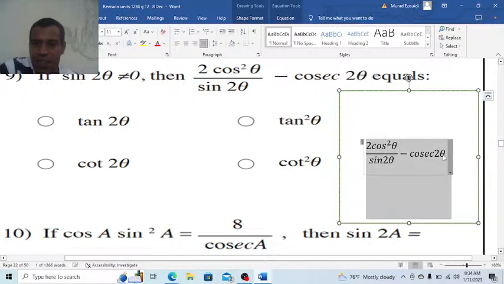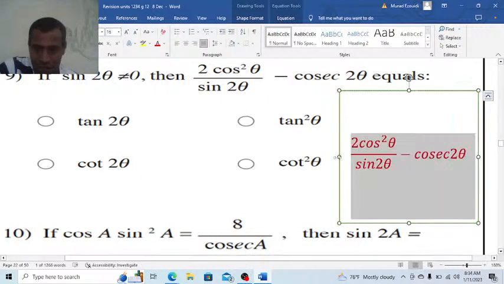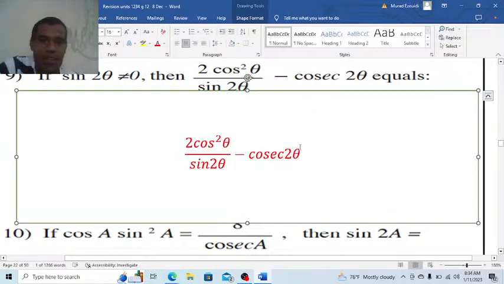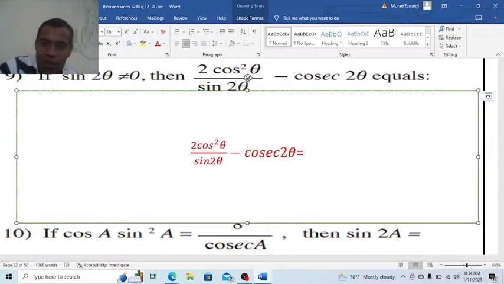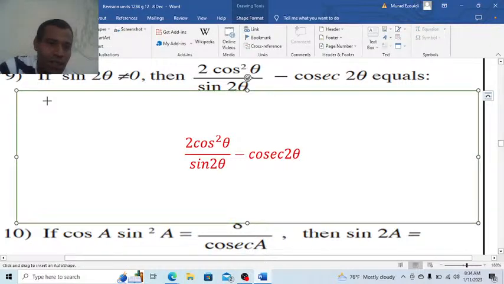I will enlarge the font, maybe to 15 or 16, so it will be clear for you, then extend this. This is the equation, and I will start to write. You should know that. I will give you notes, and I'll put the note here.